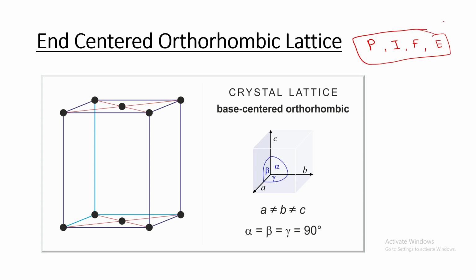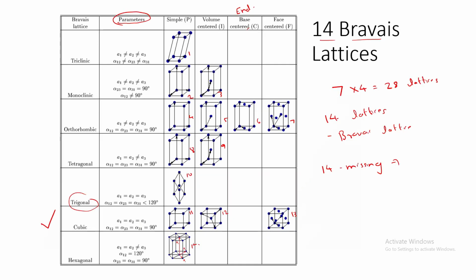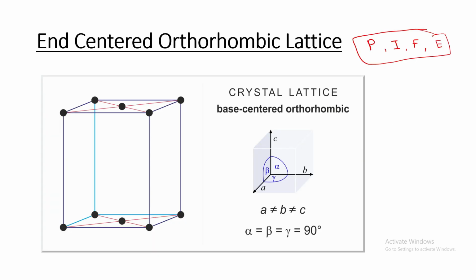We have discussed that the end-centered lattice is present in the orthorhombic crystal system. You can see that here is the base-centered or end-centered lattice system. You can see that there is a lattice point here at the end. That is why this is called an end-centered orthorhombic lattice.